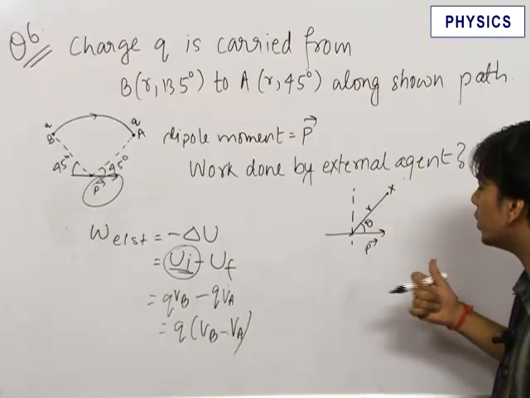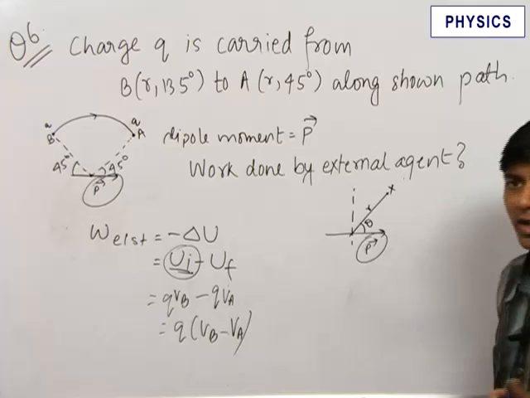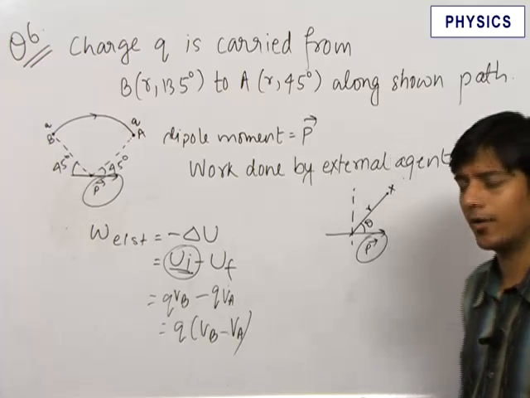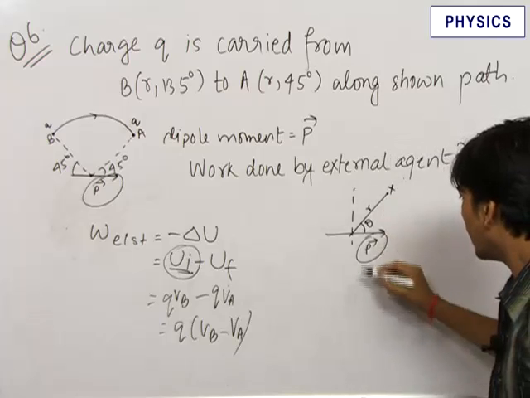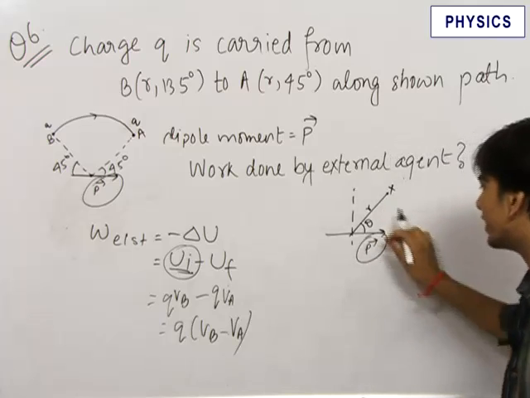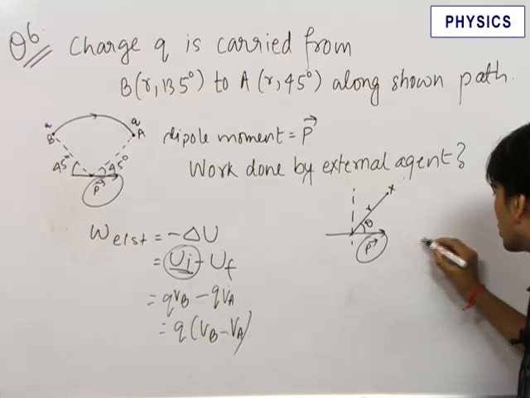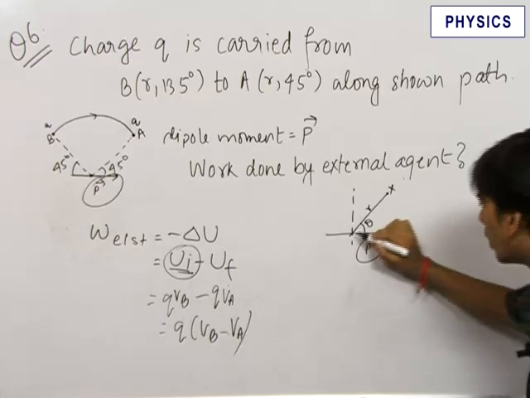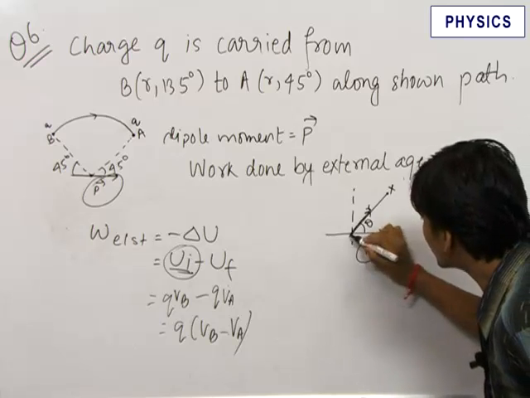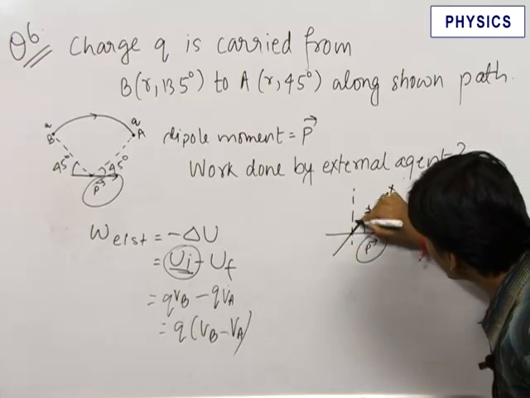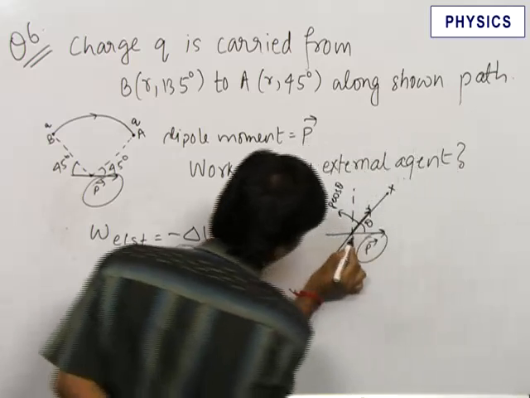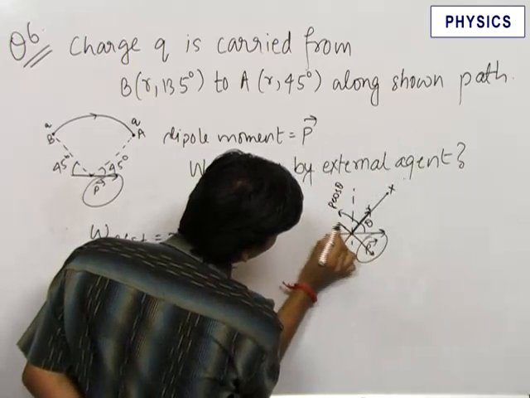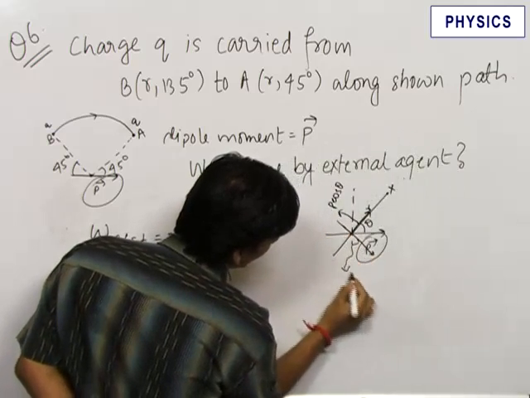So what we can do is that, this is a very important trick which you can utilize in other places also when you need to find out electric field due to a dipole at a particular angle. Since this is a vector quantity, we can take components of dipole. So the two components of dipole will be P cos theta on this side, and P sin theta on this side.